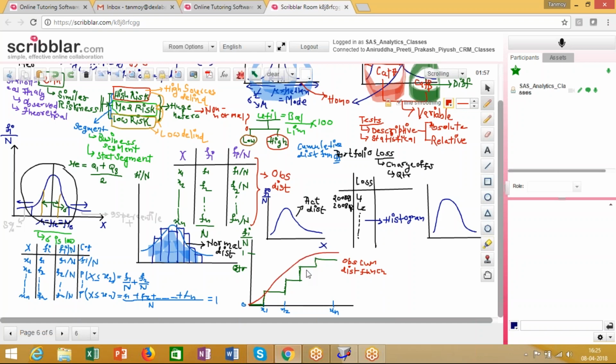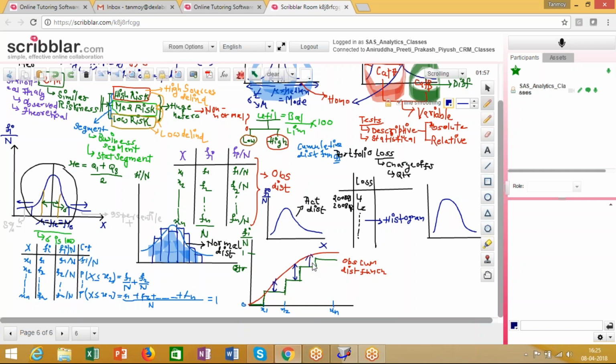Now, what we need to test is whether the difference between the observed cumulative distribution function and the theoretical cumulative distribution function is significant or not.